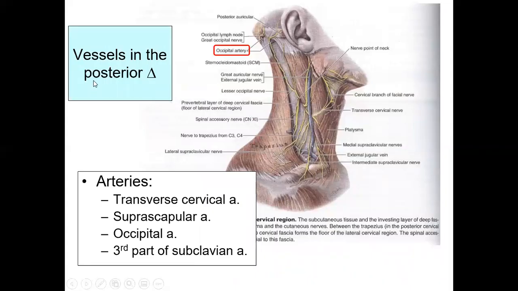Now we're going to discuss the vessels that are present in the posterior triangle of the neck. So what are the vessels that we have here? We have the transverse cervical artery, the suprascapular artery, and the occipital artery. If you see from this picture, this is the occipital artery that is present in the posterior triangle of the neck. And we also have the third part of the subclavian artery.